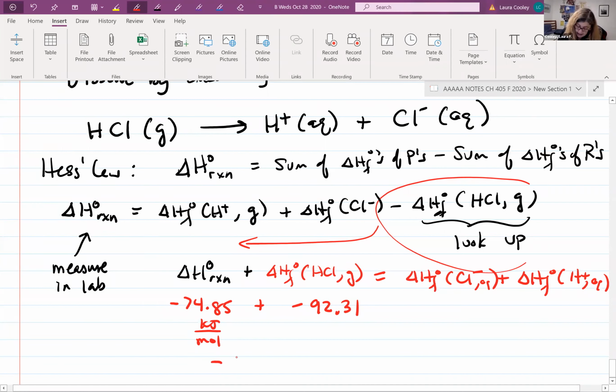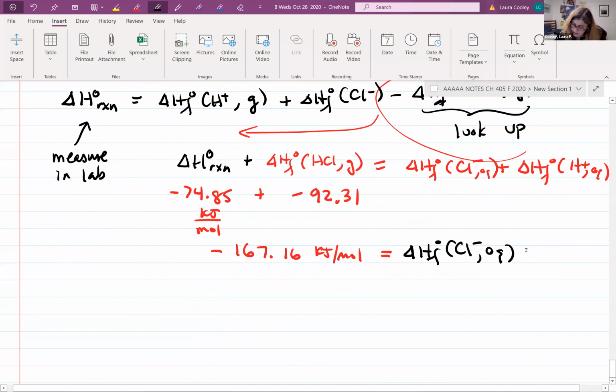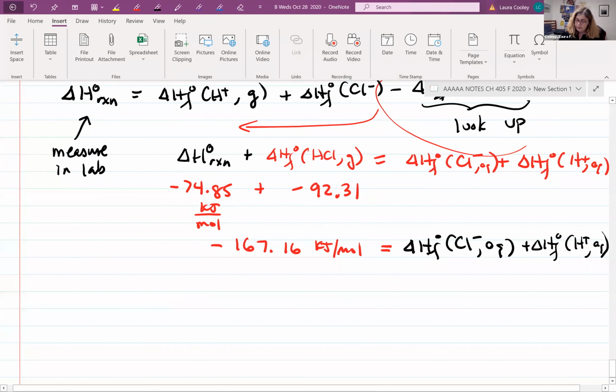So this is negative 167.16, and it equals the sum of delta HF0 of the chloride ion plus delta HF0 of the H plus ion. Okay.